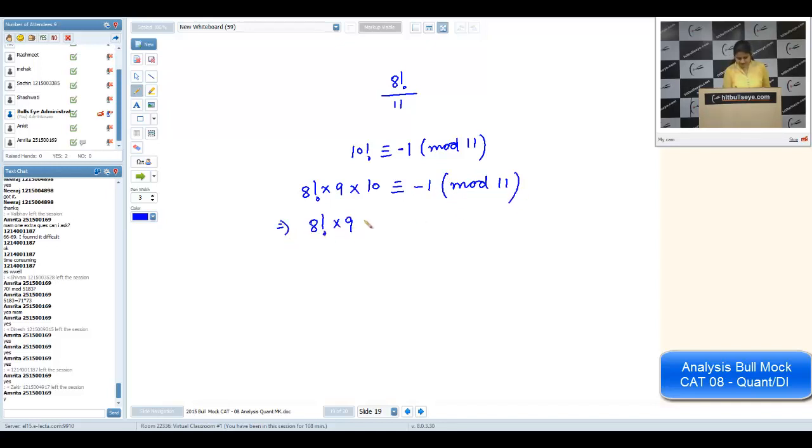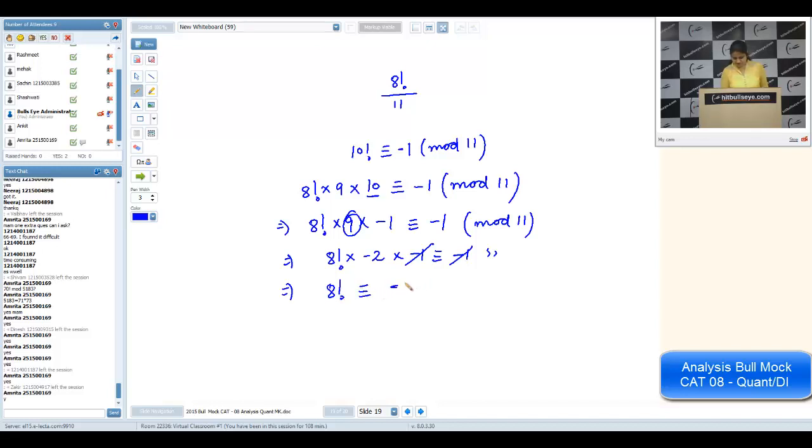I'm leaving 9, and 10 is minus 1, I'm writing the negative remainder here. So safely I can say 8 factorial, again I'm replacing this by minus 2. Cancelled. 8 factorial is equivalent to minus 1 into the multiplicative inverse of 2 mod 11.